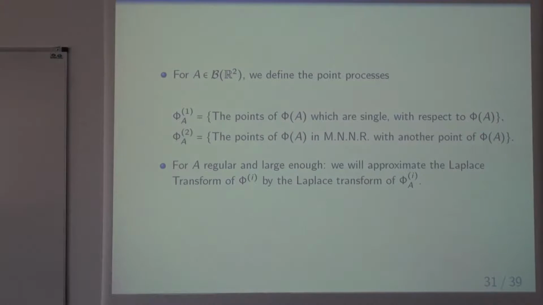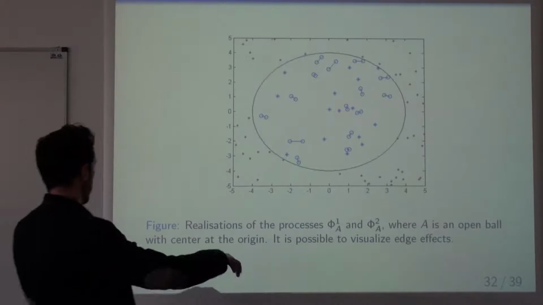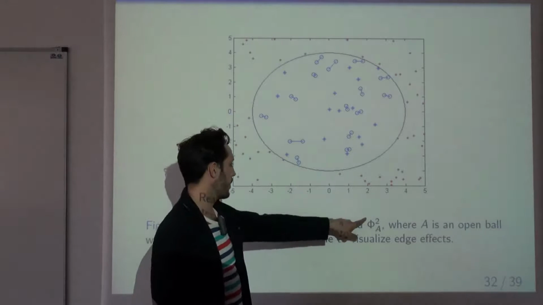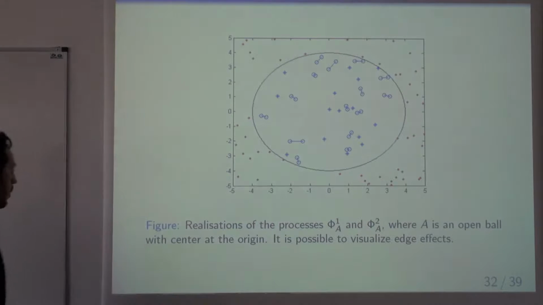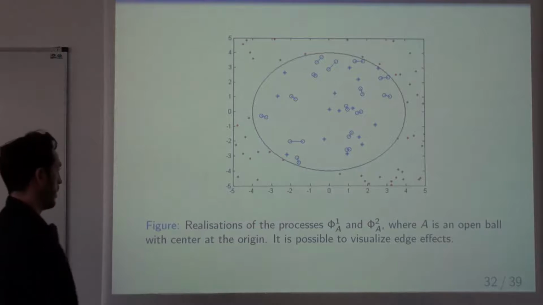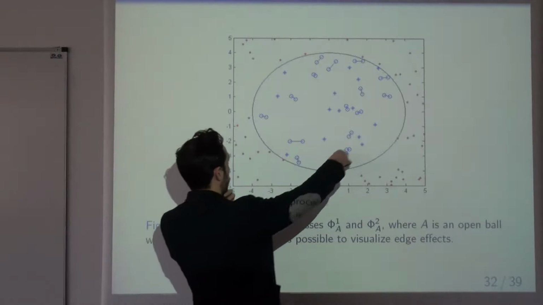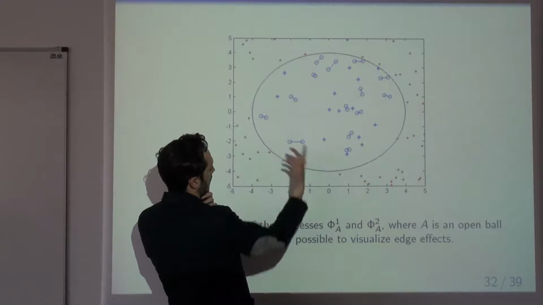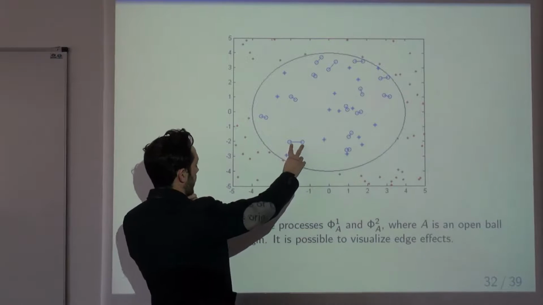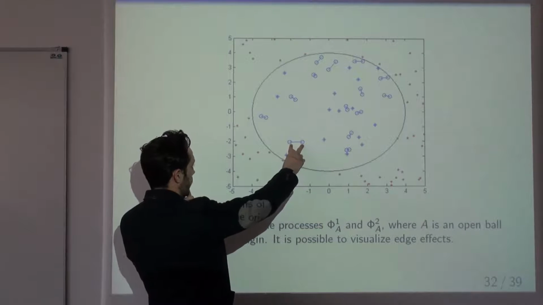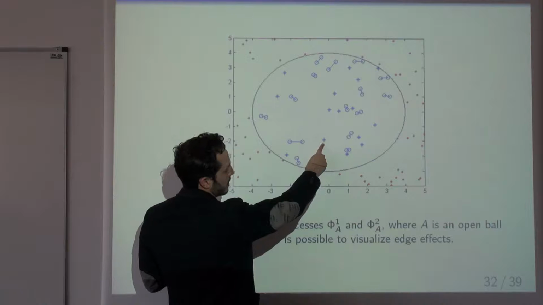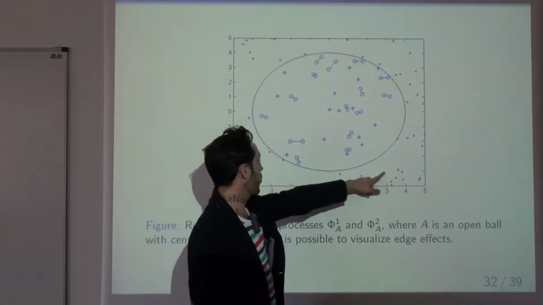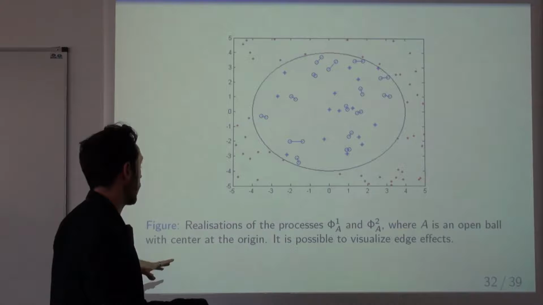How does it work? Well, for example, this is a realization of the process phi 1A and phi 2A, where A is an open ball with center at the origin. So this is phi i. For example, this belongs to phi 2A because they're in mutual nearest neighbor relation, and this is a single point inside A. The problem is, if we see outside this ball, we have other points, which is the complete realization.